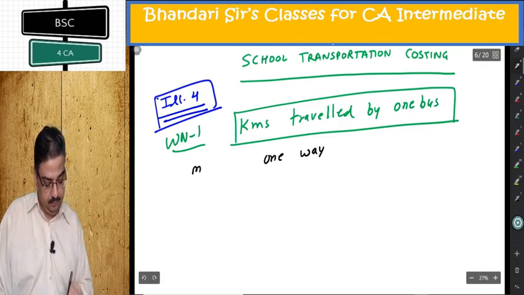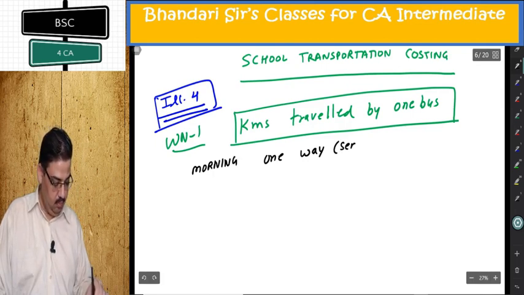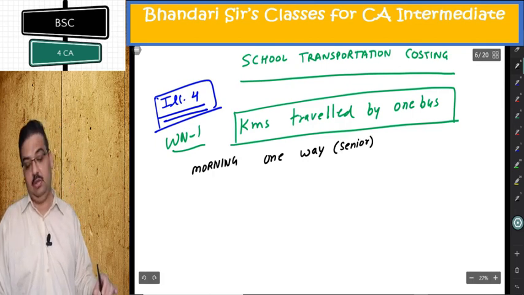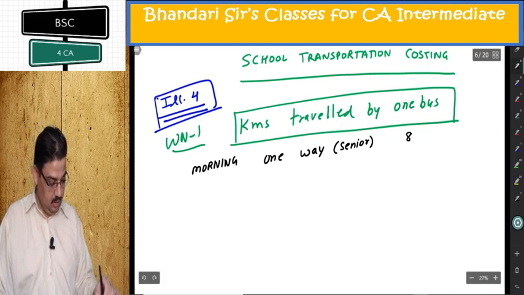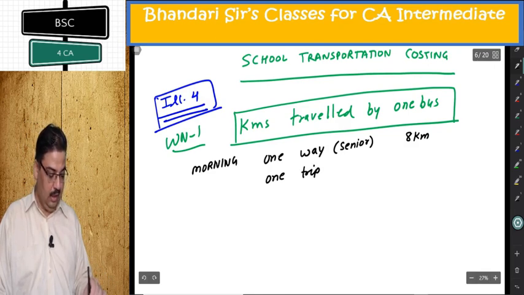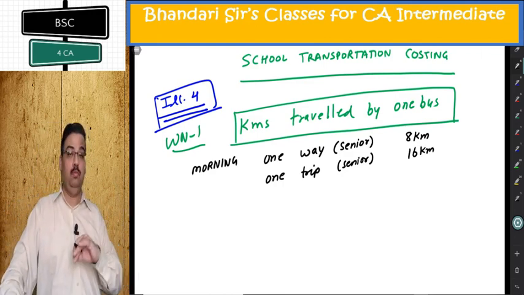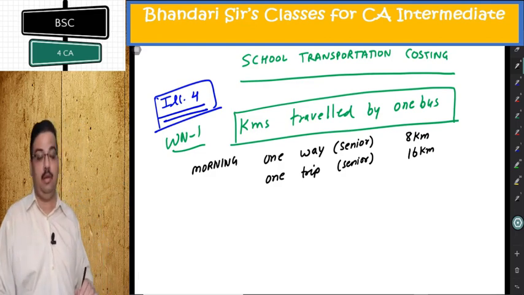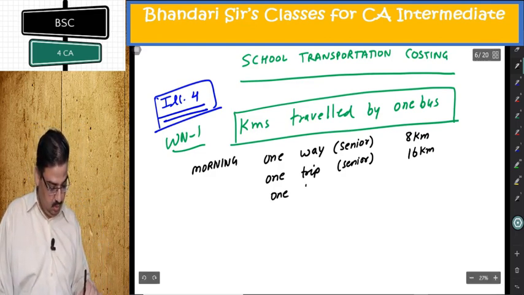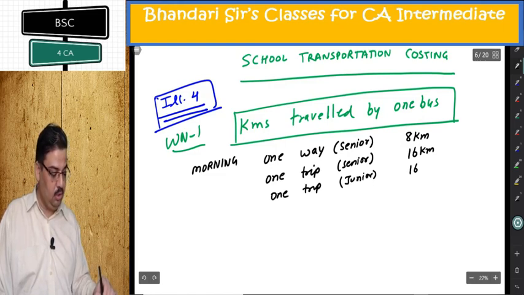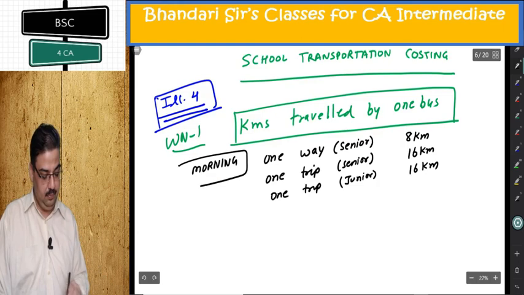Morning, for seniors, one way, 8 kilometers. For one trip for seniors, the bus will go and bring them to school, so that is a complete trip, 16 kilometers. One trip for juniors is also 16 kilometers.